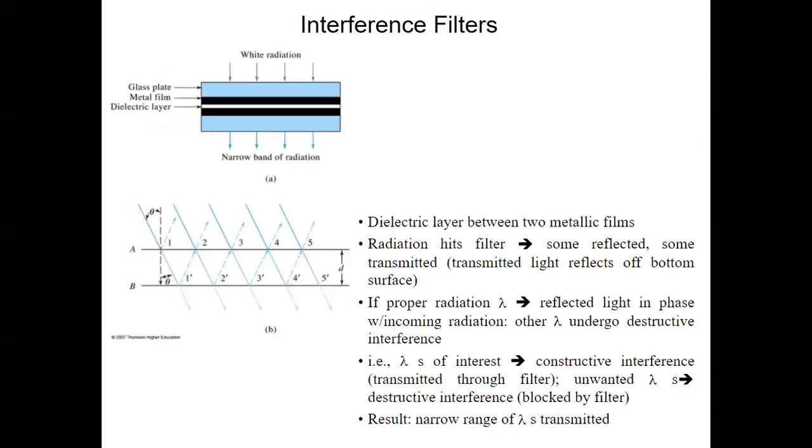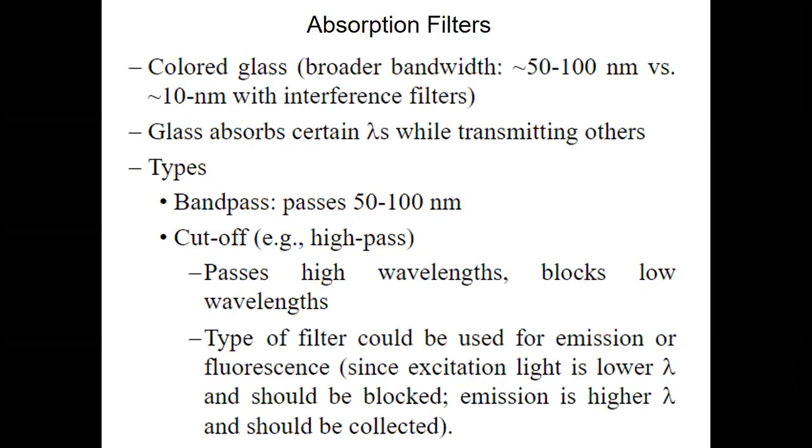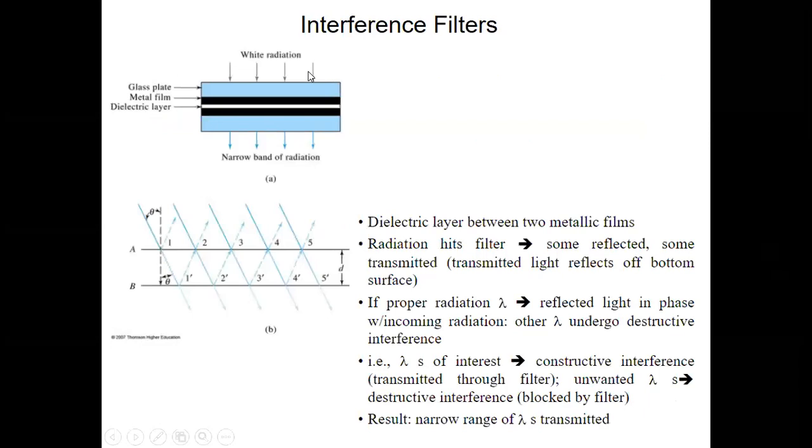So those types of interferences and dispersion, diffraction can happen in these interference filters, right? And in the absorption filters, as the name implies, they absorb certain wavelengths and pass certain wavelengths. Now let's discuss these two types, interference and absorption filters.